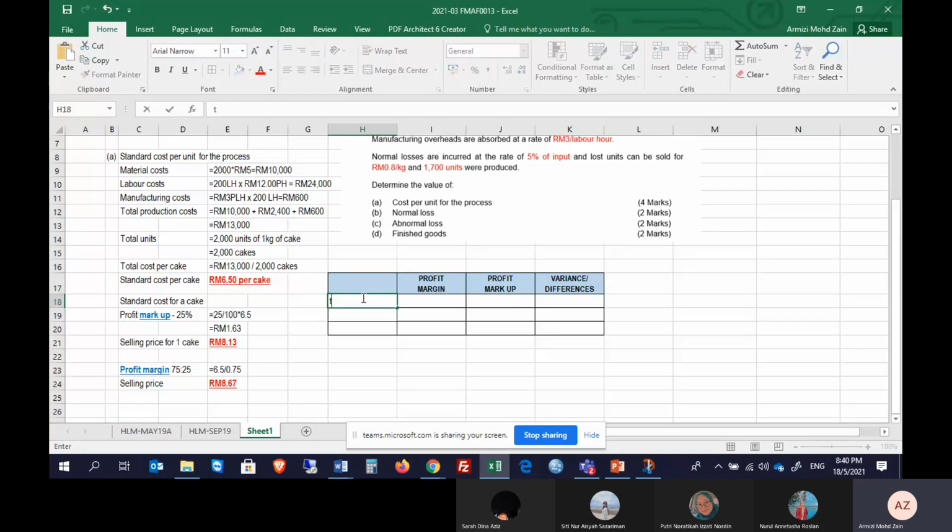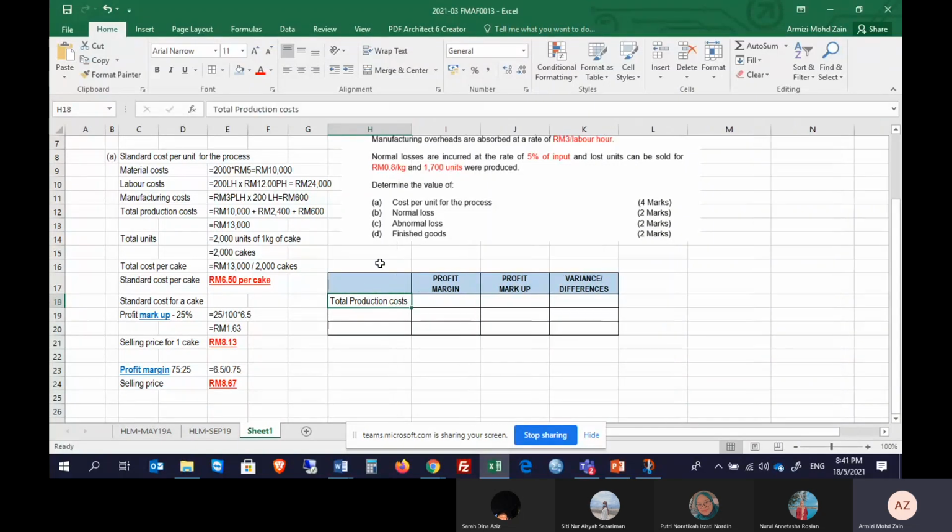Okay, kita ambil total production cost. Okay, total production cost dia is total production cost per unit.